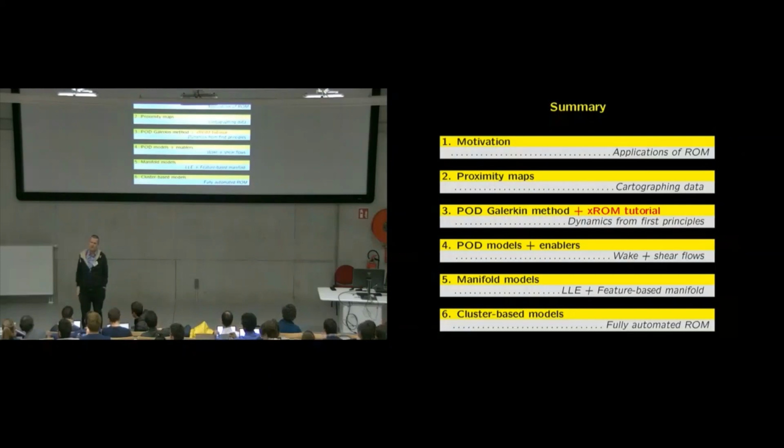And my view on the cluster-based model is they do a nice job of pre-processing your data, and from there on, everything is based on what you actually want with your data. For instance, you may decide to make your POD model in certain regions. So this has been done by Gunzburger.